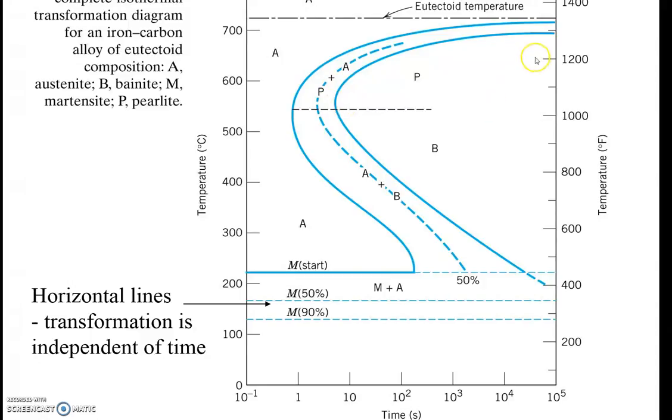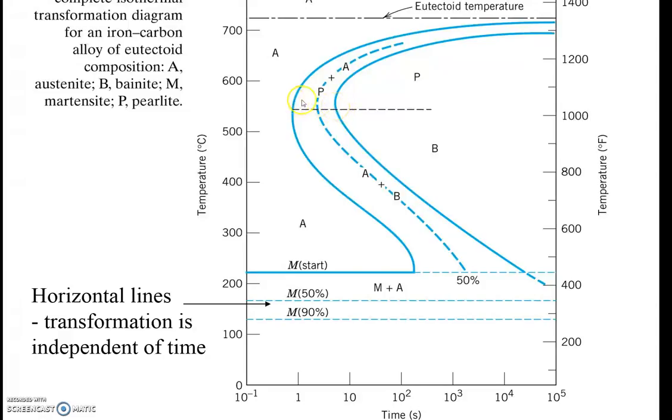The reason for that is that in the austenite-to-pearlite regime, the transformation is dominated by nucleation. At lower temperatures, you actually get quicker nucleation, more nucleation as opposed to grain growth.